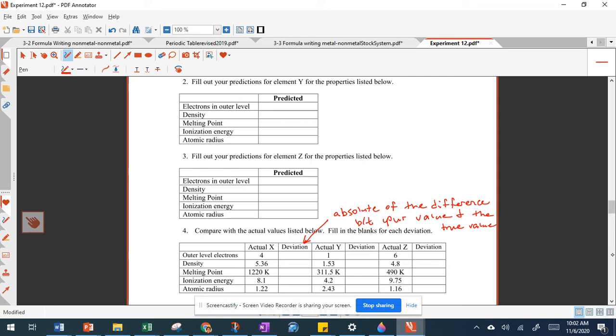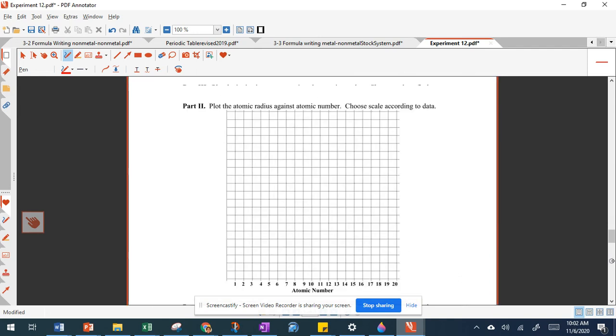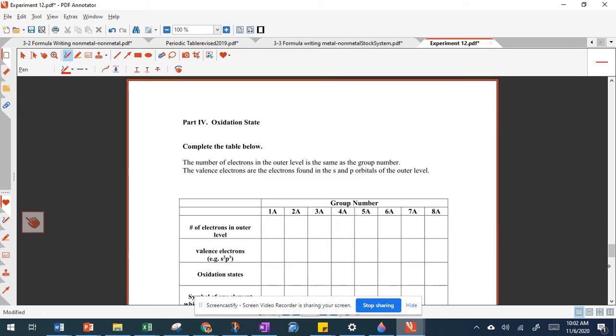The other thing I wanted to go over real quick is if we go down here to this part, this is talking about group numbers and looking for the general number of electrons in the outer level. These are going to be your valence electrons, so keep that in mind. I want you to think about what would be generally true for each group.